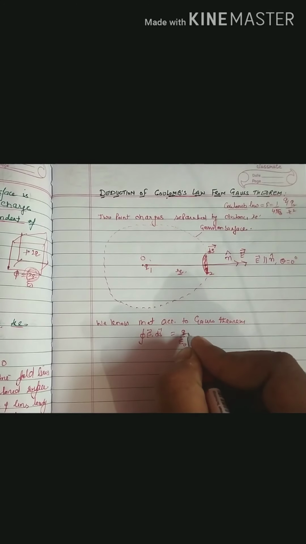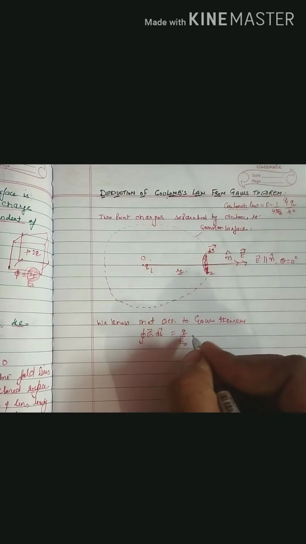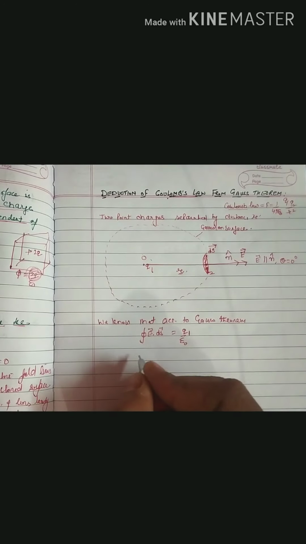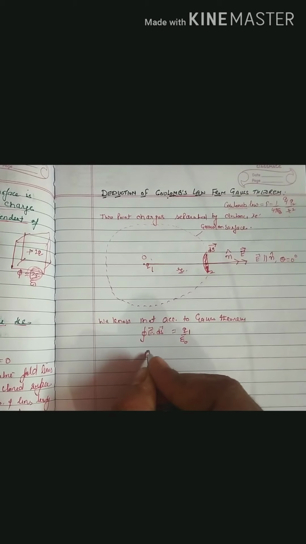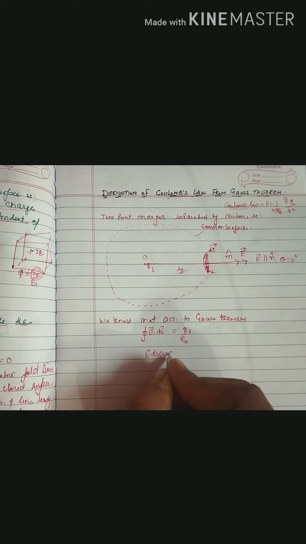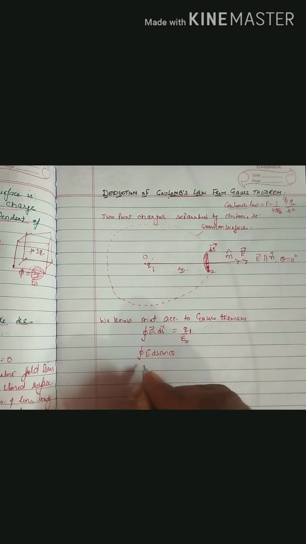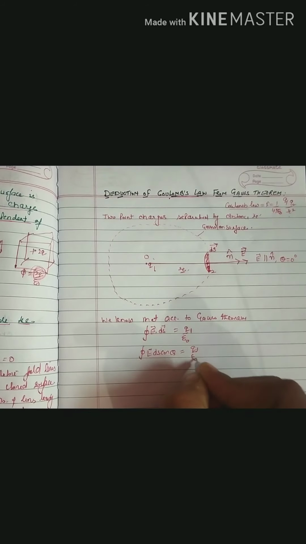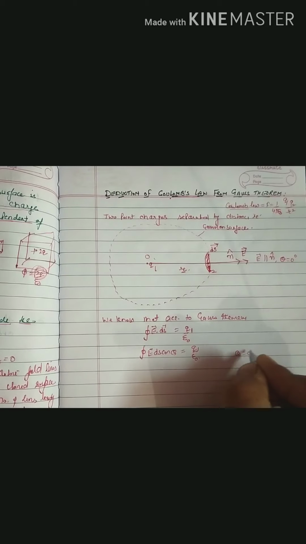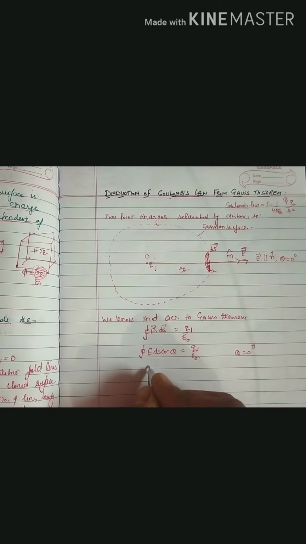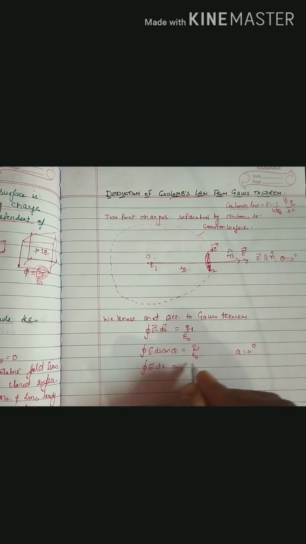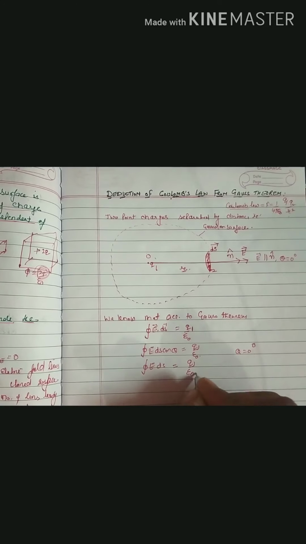Since Q1 charge is enclosed by this Gaussian surface, here we will write Q1. And this E.ds can be written as E ds cos theta, integration over the closed surface, equal to Q1 upon epsilon naught. So theta is equal to 0 degree. So we can write E ds whole integration equal to Q1 upon epsilon naught.